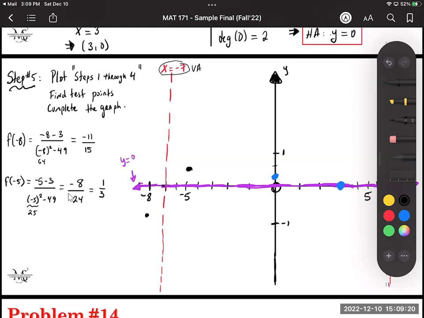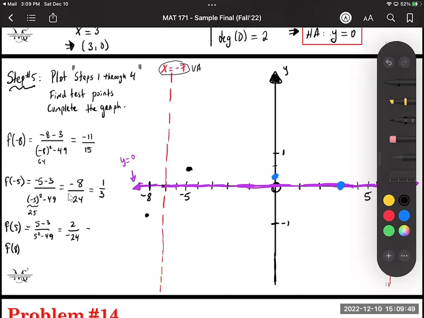Now I need 2 more test points. I need to know what f of 5 is, and I need to know what f of 8 is going to be. Well, f of 5 is (5 minus 3) over (5 squared minus 49). So what's 5 minus 3? 2. 5 squared is 25, so 25 minus 49 is still -24.